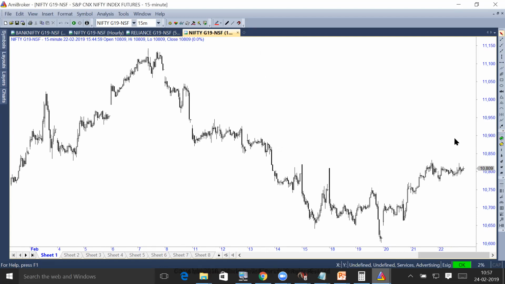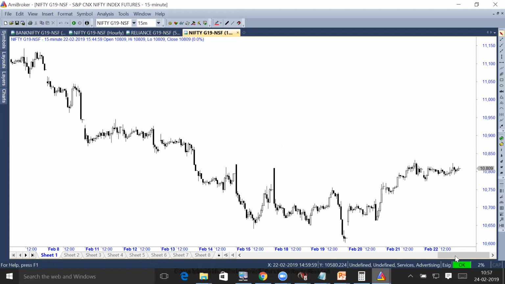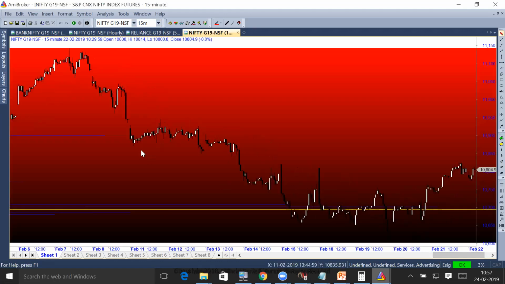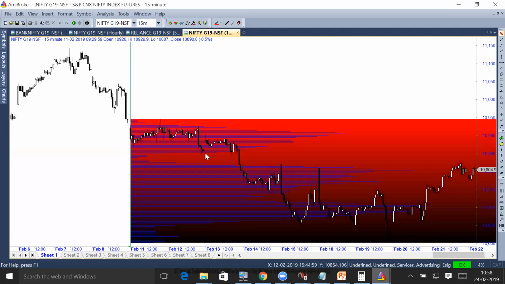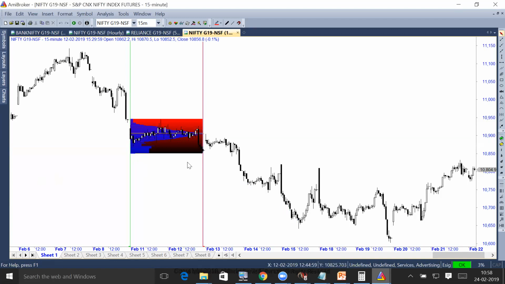Right. If I look closely, this is the 15-minute chart. Let me zoom in a little bit and go to this area. If I draw a line between here and this zone where most of the consolidation is happening, it draws the volume profile, where you can see that the volume was maximum at this zone.